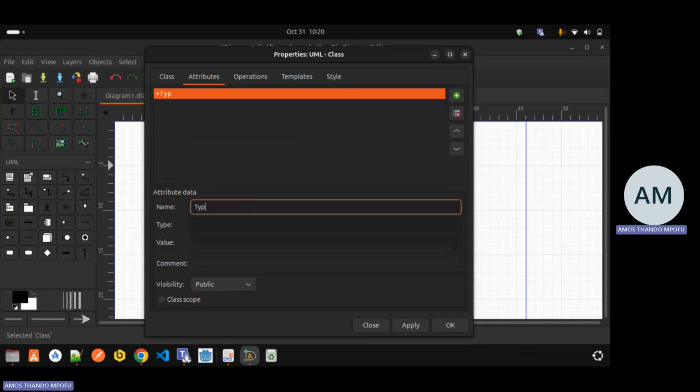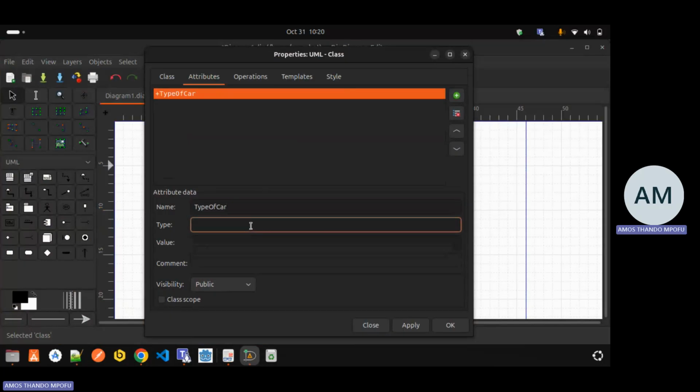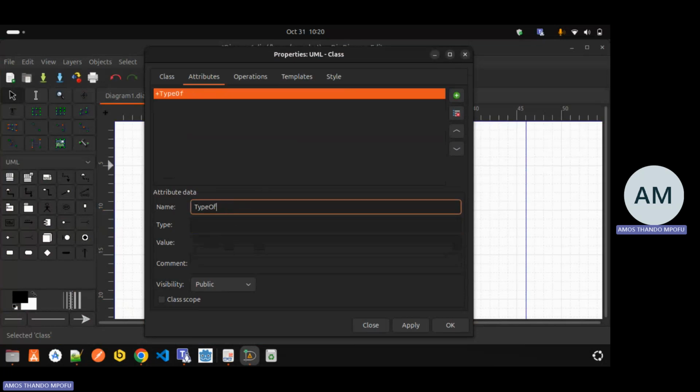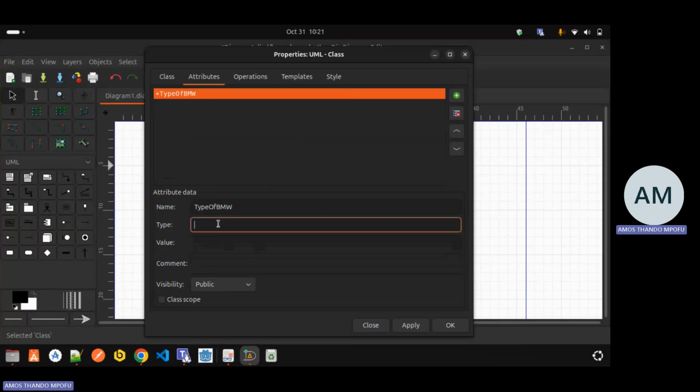For attributes, I'll say type of car. I'll store what type of car it is, because remember a BMW can come in a sedan form, or in those big family car forms. I forgot the actual name for them. So I'm just going to say type of car. What type of BMW is it?